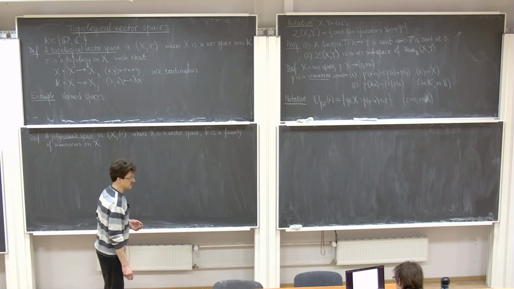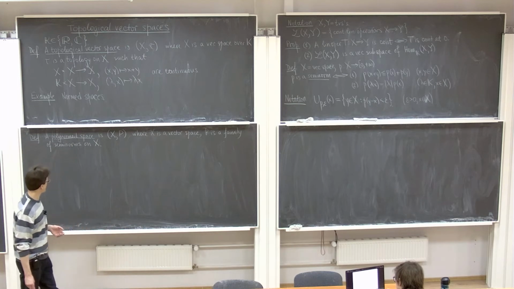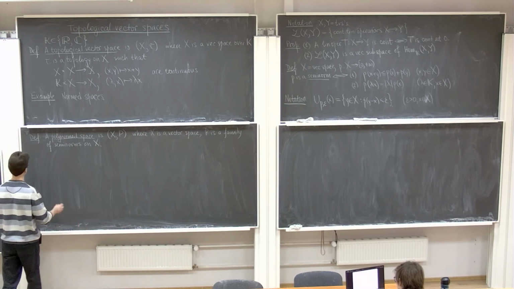Let's observe that each polynormed space has a canonical topology.